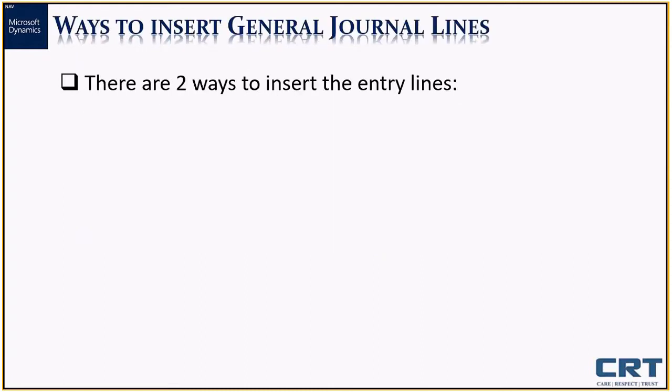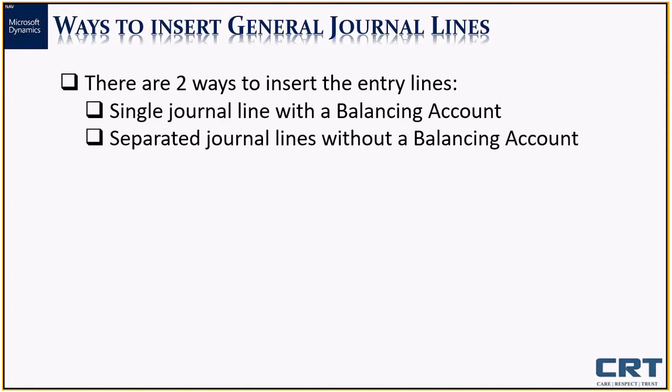Okay, so basically there will be two methods to insert the general entries lines. So it will be the single journal line with the balancing account. I think this will be the normal practice from you guys. Which means both the credit account and debit account will be inserted into the same row of the general journal.